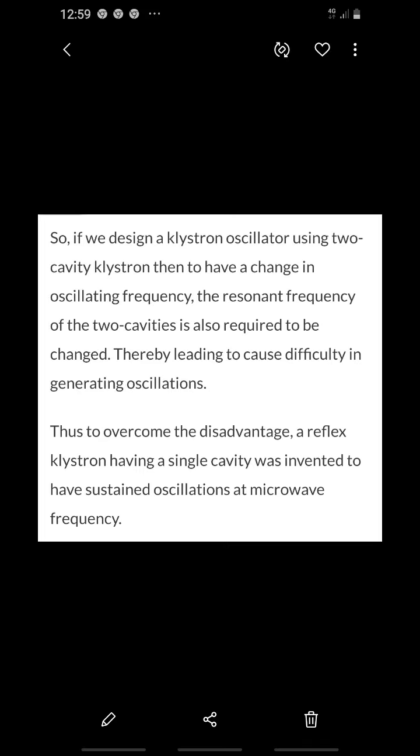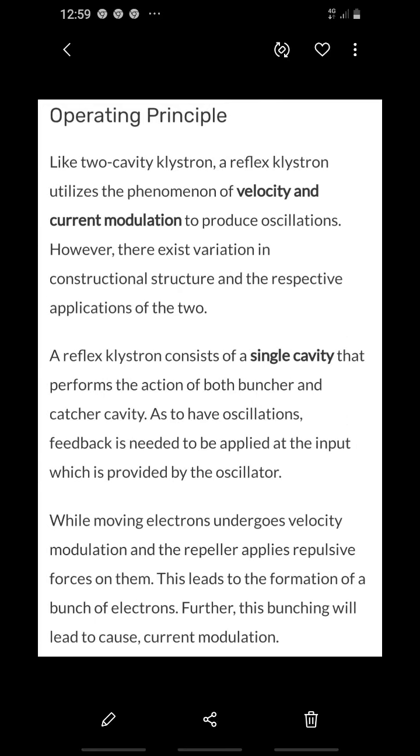Therefore, to overcome the disadvantage, a reflex klystron having a single cavity was invented to have sustained oscillation at a microwave frequency.